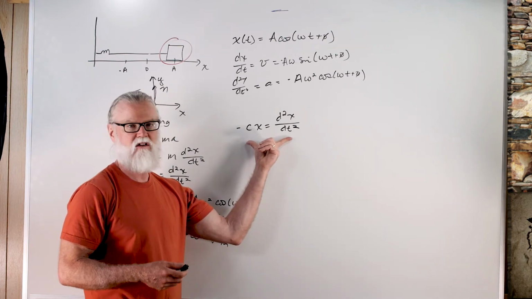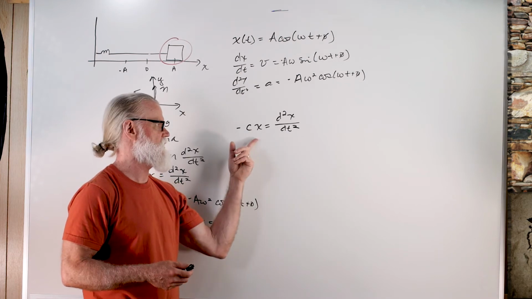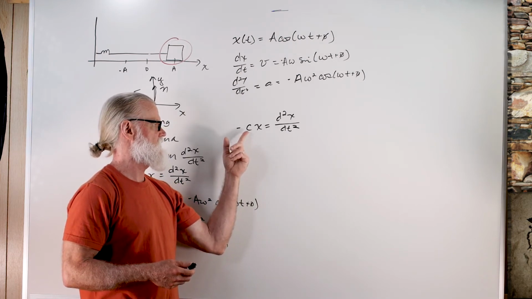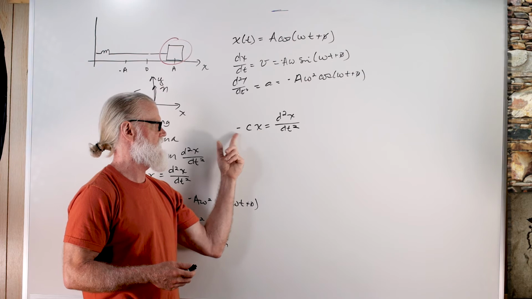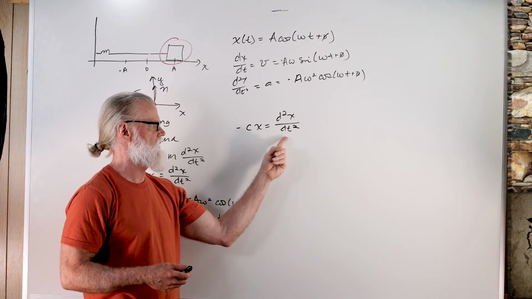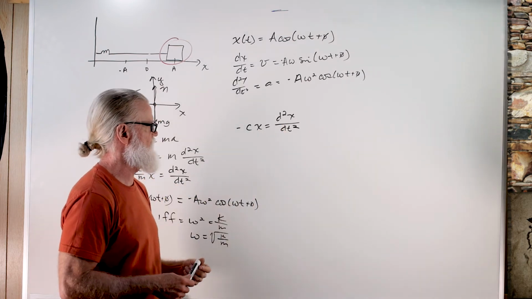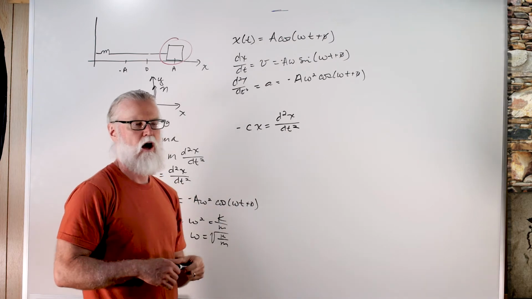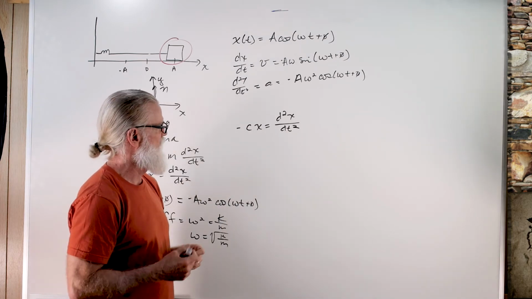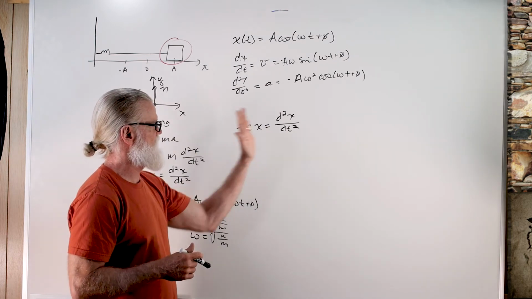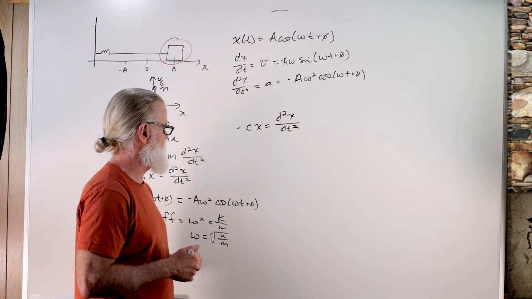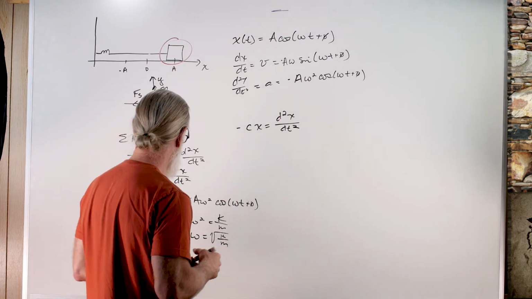Always, whenever you see an equation of this form, some constant times position, and this has to be a different sign than this, equals the second derivative of that thing with respect to time, then this thing is in simple harmonic motion.